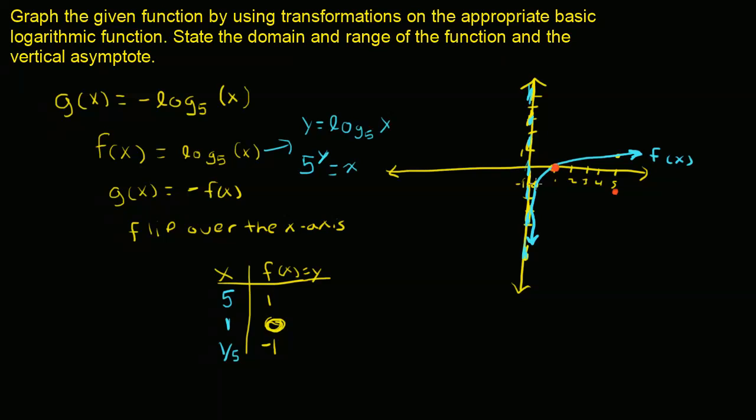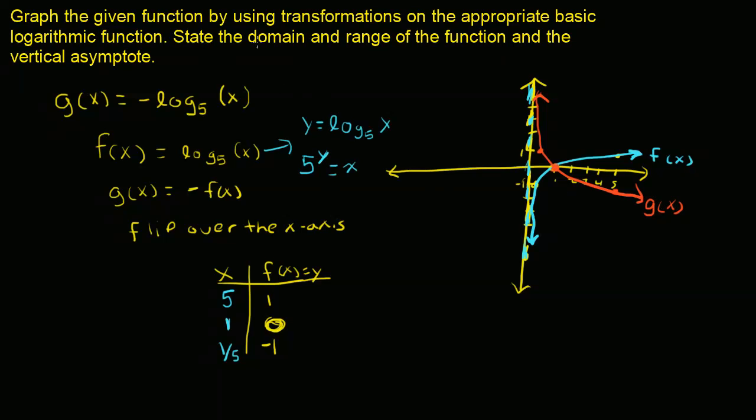Now that point, y is -1 and x is 1/5, so that's going to change to y being +1, and x is still 1/5. Still going to be approaching that asymptote as I go up now instead of going down. I'm going to gradually go this way. There you go. That's my graph of g.